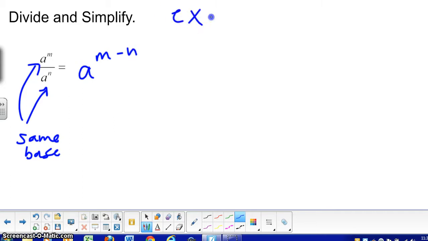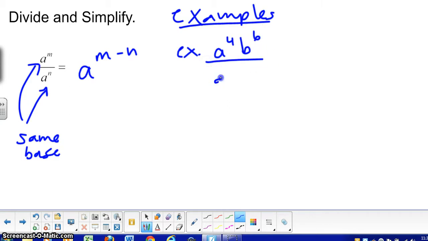Some examples that I want to show you when you have to divide and simplify will look like this. A to the 4th, b to the 6th, all over a squared b cubed. Okay, so individually, we look at the same base right here.